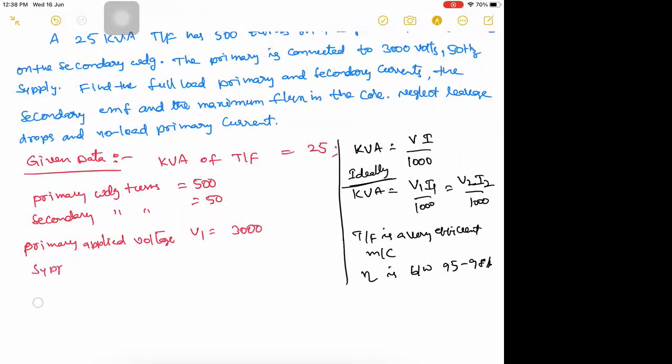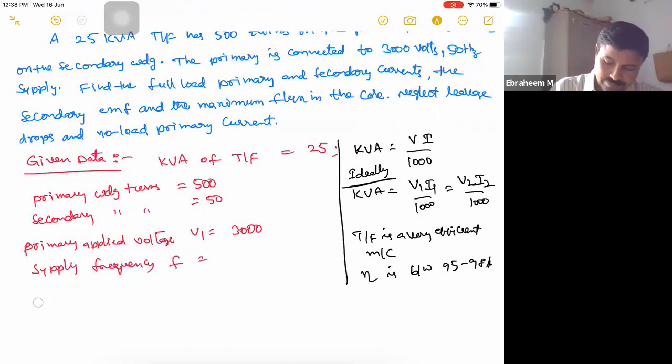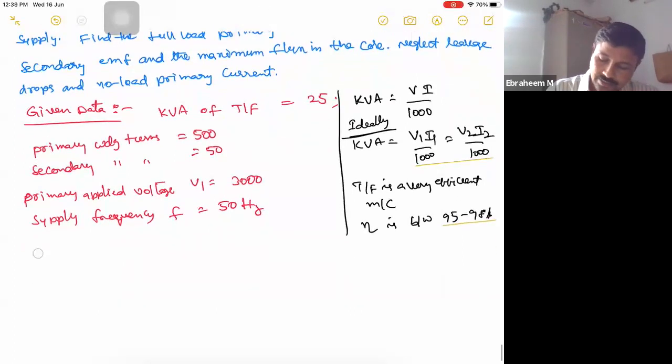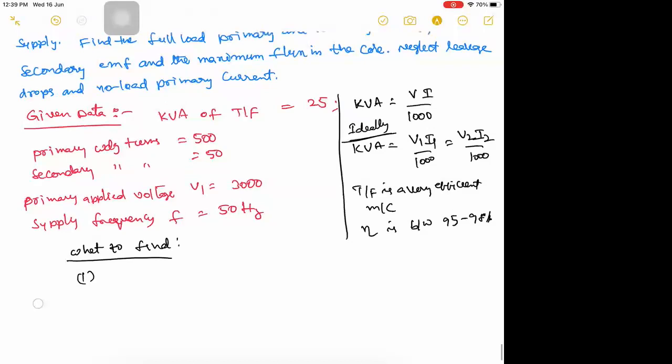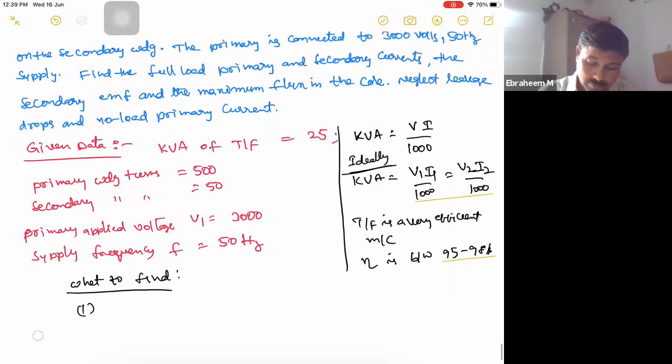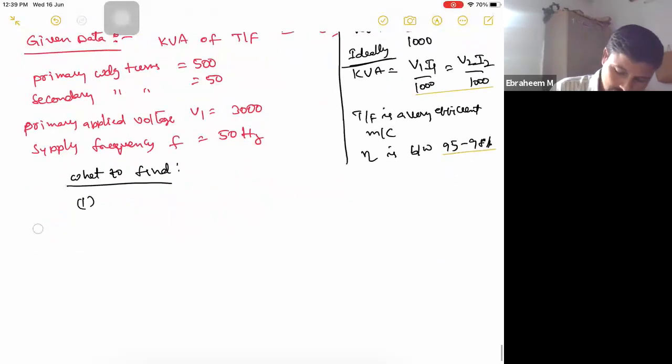Supply frequency f is equal to 50 hertz. What to find? Full load primary and secondary currents.